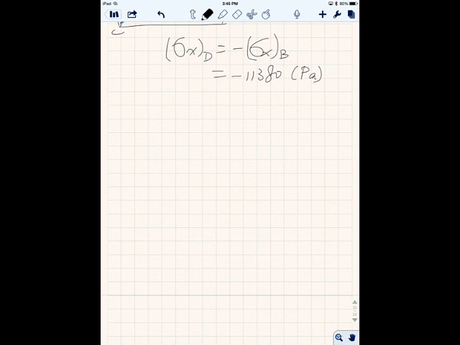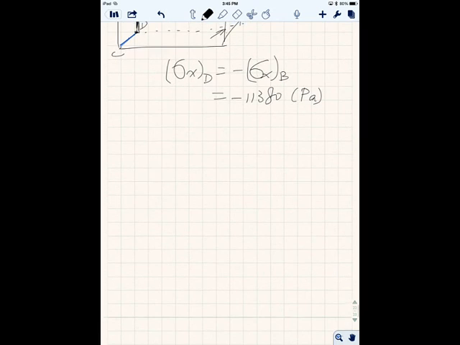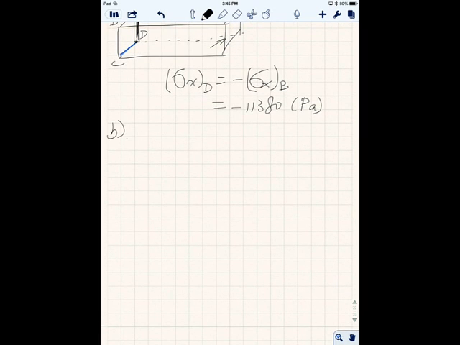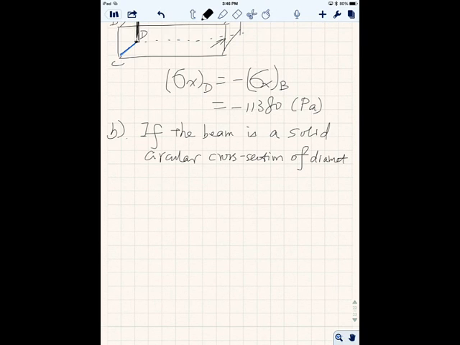No? Okay. All right, so the next question is asking if the beam is a solid circular cross-section with diameter D equals 1.25 meters.